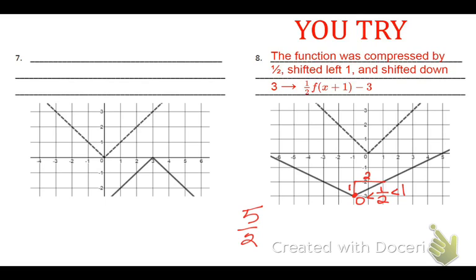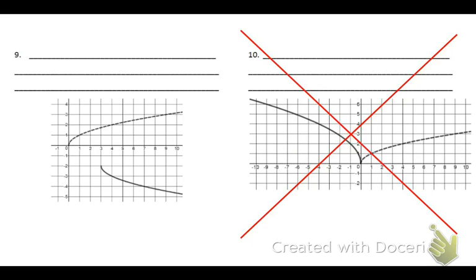Yes or no? Is 5 over 2 a fraction? Yeah, but is that less than 1 or greater than 1? This is greater than 1. This is 2.5. So I don't want you to think, oh, fraction automatically means a compression, because it doesn't, okay? Now we're going to work on number 9, and you're going to cross off number 10.